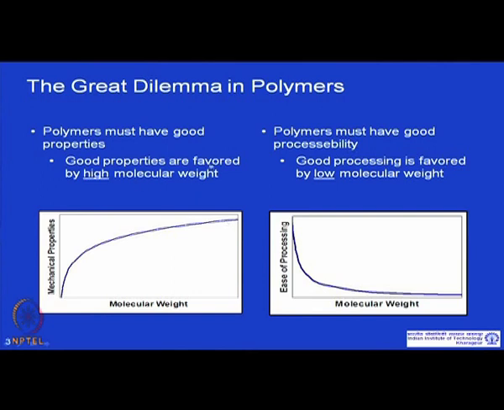So, basically good properties are favored by high molecular weight of polymers. This is nothing unusual. You should expect this, and that is the advantage of a polymer. High molecular weight gives the high mechanical properties.